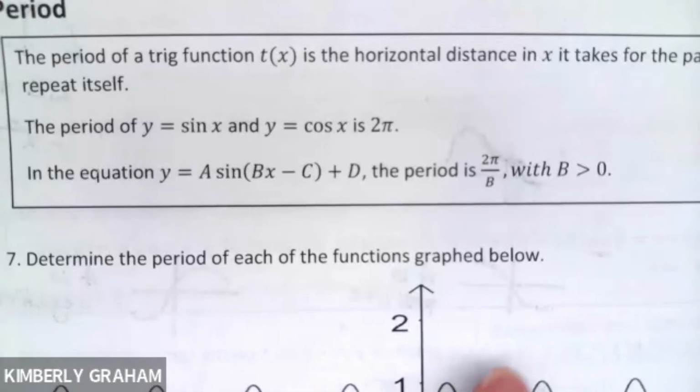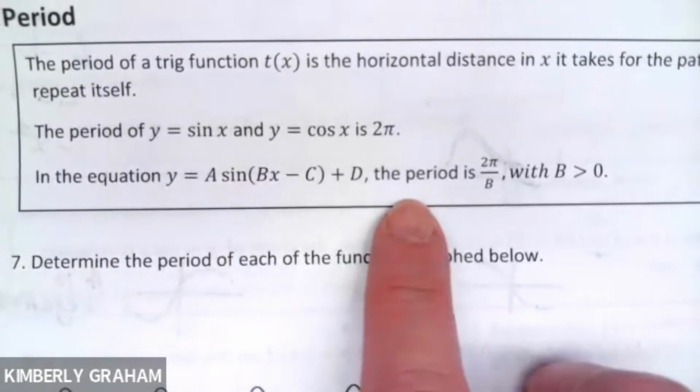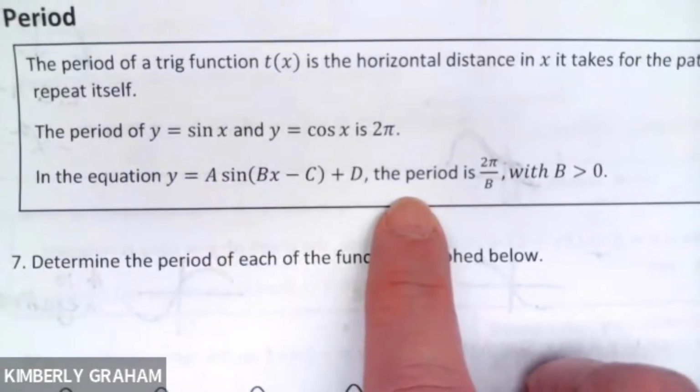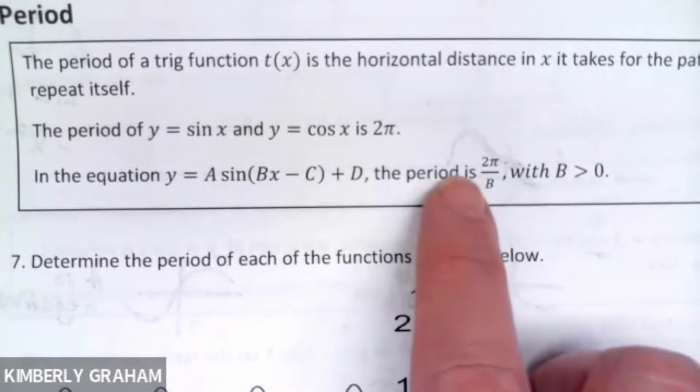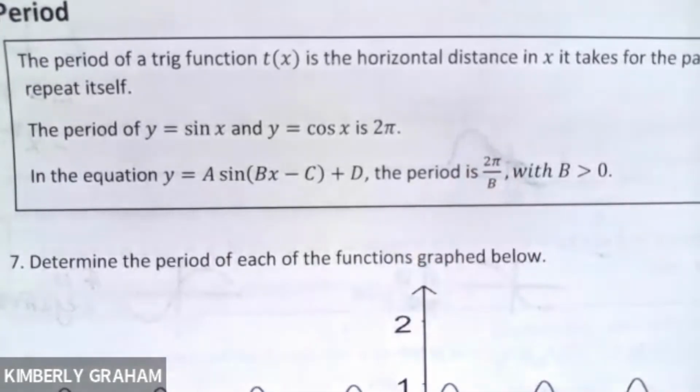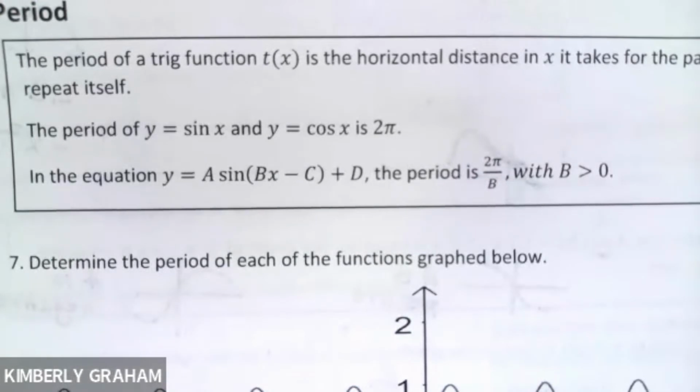So this is, again, the general form of the equation for a sine function that our book uses, where we have b to be positive, and the period is then going to be 2 pi over b. There are other forms for the general equation of sine and cosine function that other books use, and some of our homework problems in this unit actually use that other form when they do their explanation on how to get the right answer.